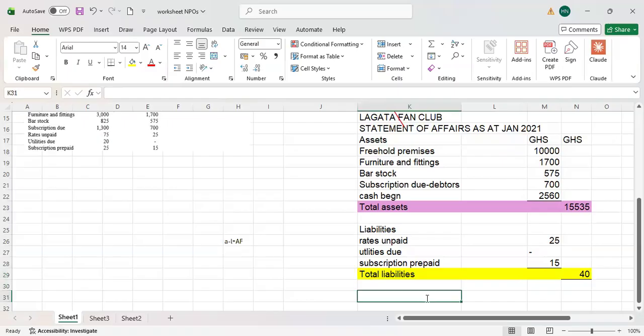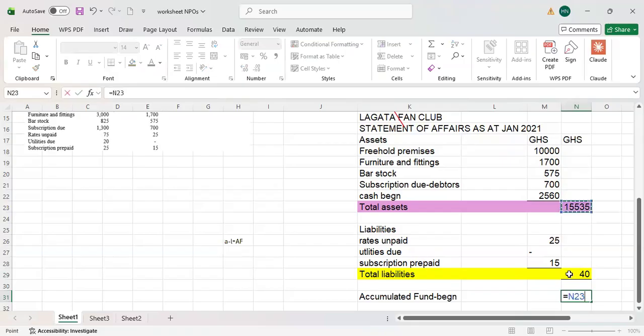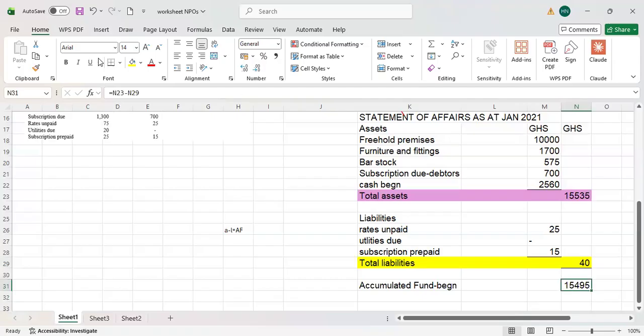I say accumulated fund, that's the beginning. How do I get that? My assets minus my liabilities. So this gives me my accumulated fund at the beginning.